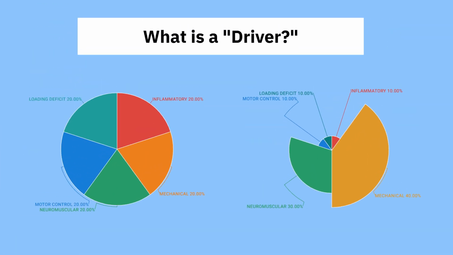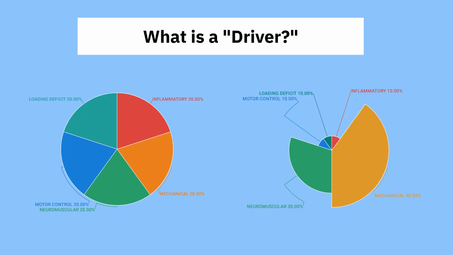So going into the question of what is a driver, I took the categories from the last slide and broke them down into what could be considered a pie chart. On the left is a visual depiction of what happens when each one of those categories is contributing equally. Rarely does that happen.